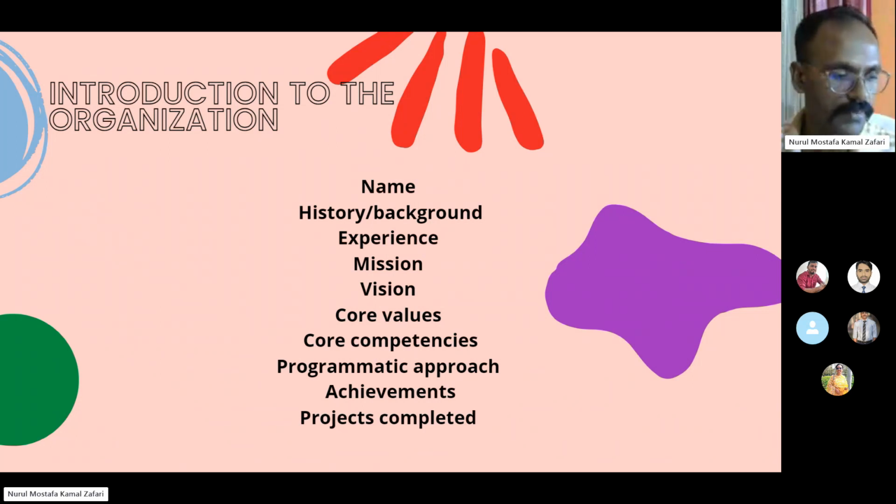So we need to write the programmatic approach briefly in the project proposal so that the donor understands our strength and can align their resources with us. For example, one has submitted a project proposal for women empowerment to a donor, and the donor is ready to provide funds to women empowerment projects, but the donor also has another expectation as per their strategic plan.